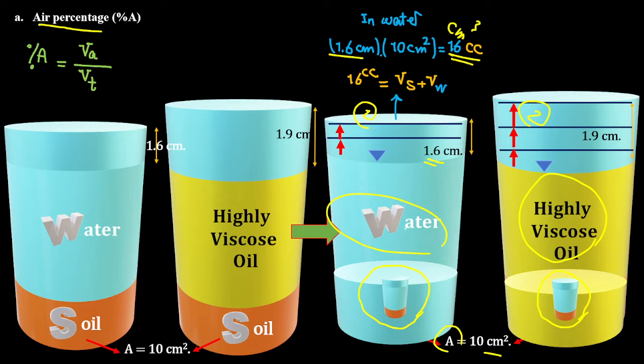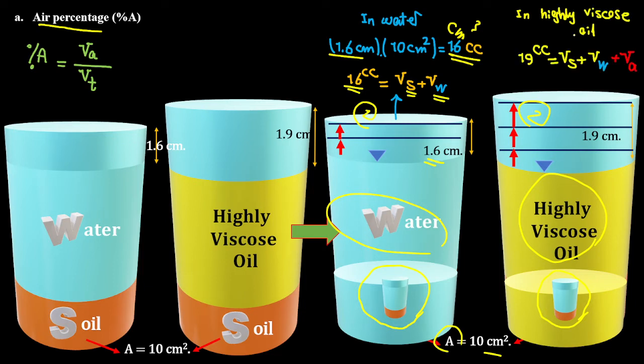Because we just put it in water, the water fills all the void, so there is no air entrapped in the sample. So we just have volume of soil plus volume of water, equal to a total of 16 cc.